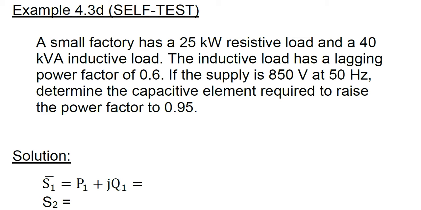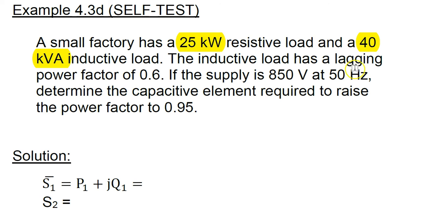In this video we want to look at example 4.3d, which is found in your lecture notes, topic 4, AC power. Now a small factory has a 25 kilowatt resistive load and a 40 kVA inductive load.